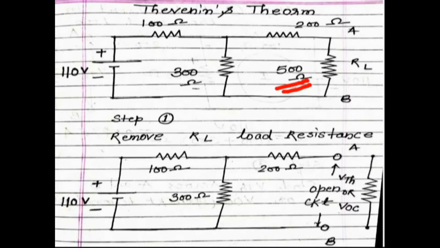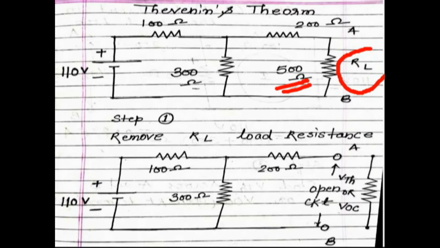So guys, the first step of solving Thevenin's theorem is to remove this load resistance. इस load resistance को आप remove कीजिए जो connected है A और B terminals के बीच में. This load resistance is connected across the two terminals A and B. So remove this.